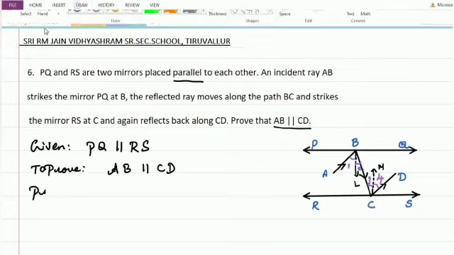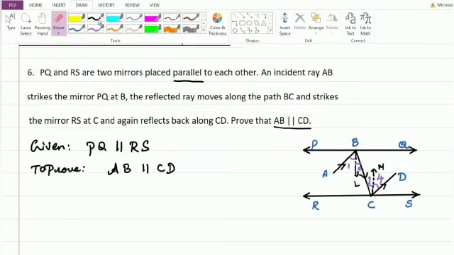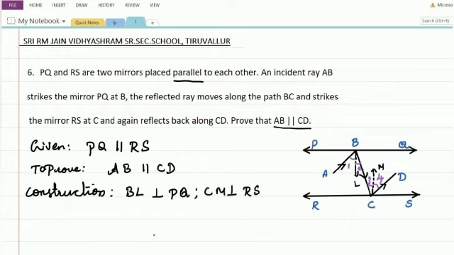Now, proof. Before that, we have given a construction, so we have to write it. Construction: we have drawn a line BL which is perpendicular to PQ, and we have drawn a line CM which is perpendicular to RS. Since these two lines are perpendicular, obviously BL will be parallel to CM.